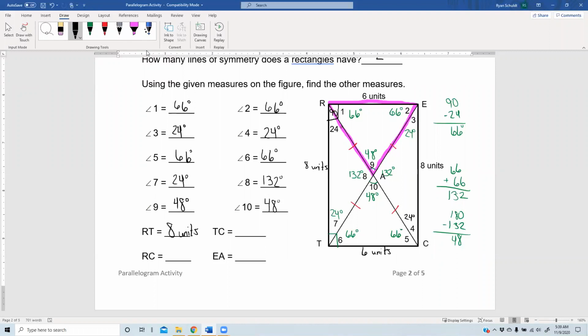Let's skip that one. Let's go back. Look at TC. TC is 6 units. Yikes, we're not done, because they asked me to find RC.